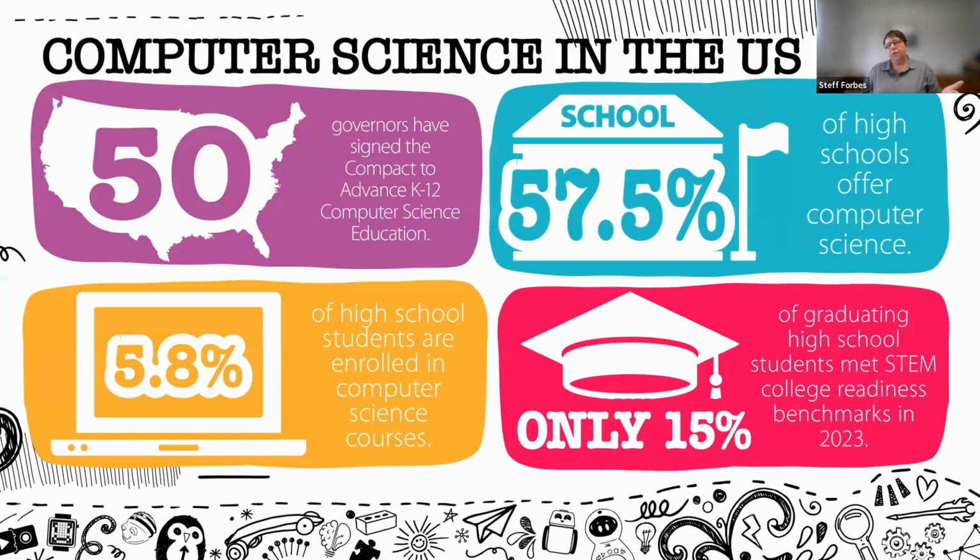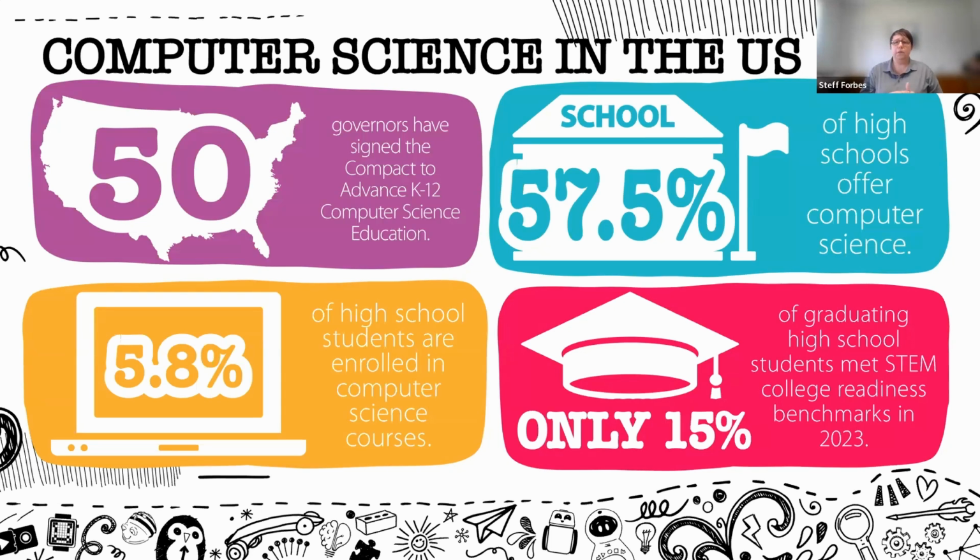So now that we've looked a little bit at the career landscape and what that pipeline is going to need to look like, what's happening in schools to help foster and build that? From a political landscape, we've seen more of an investment and a focus on bringing in computer science through the Compact to Advance K-12 Computer Science, which all 50 governors signed, with the commitment to expand accessibility to computer science for students K-12.